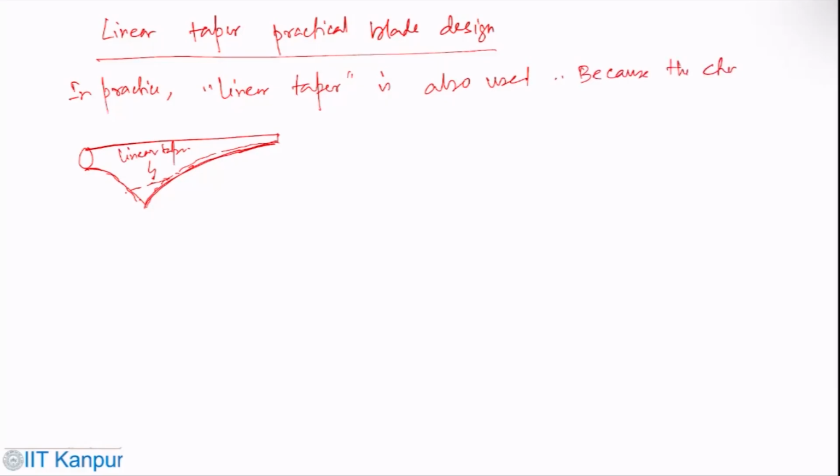It is also used because the chord close to the hub is shorter.